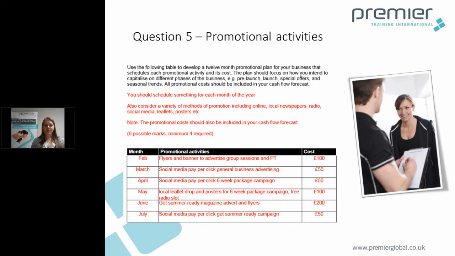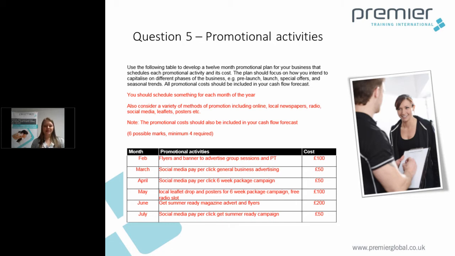Moving on from your startup costs, the next 2 questions look at promotion. The first one is a promotional plan or a marketing planner. So for your business, you do need to have some promotion every month for a full calendar year. So we must see every month on this plan. Now, all of the items that you decide to do in terms of marketing should have realistic costs attached to them.